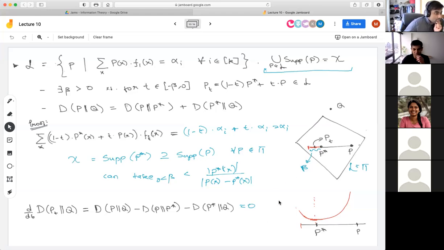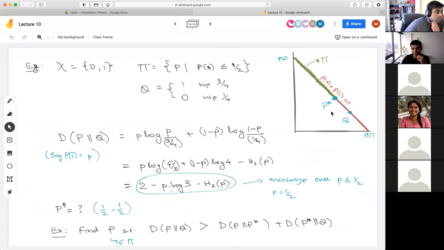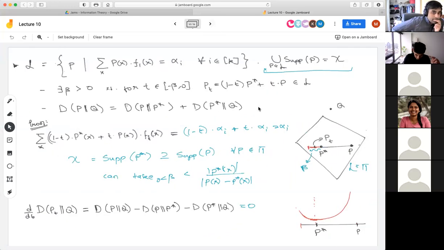But what's the difference between this setting and the previous setting? In the previous setting, it was possible that P star is on the boundary, so we can only approach P star from one side. Going back to this picture, if P star was on the boundary, we know that it increases on the other side, but maybe if we were allowed to cross the boundary, it would decrease even further. It's just that because of the boundary, we cannot move anymore, we are at the boundary of pi.